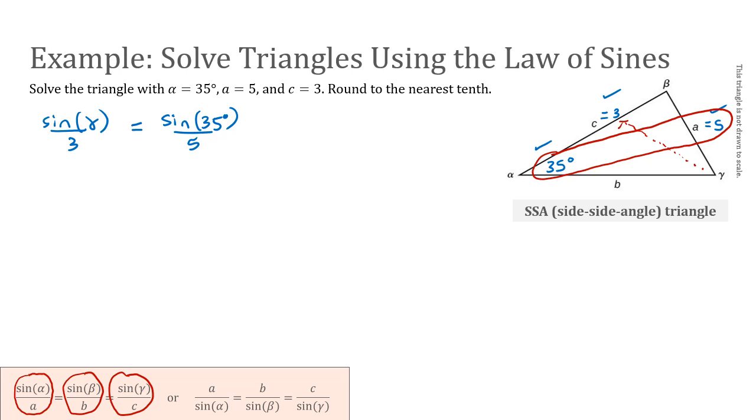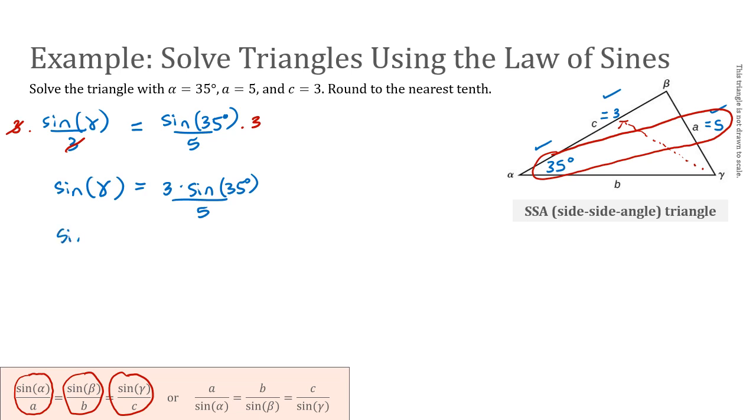So I'm going to get that done by multiplying each side by 3, and that leaves me with the sine of gamma equal to 3 times the sine of 35 degrees, all divided by 5.